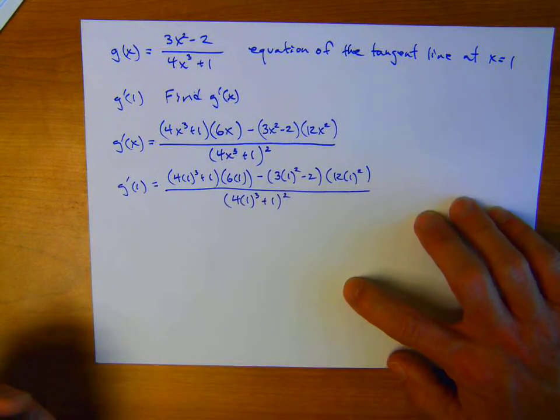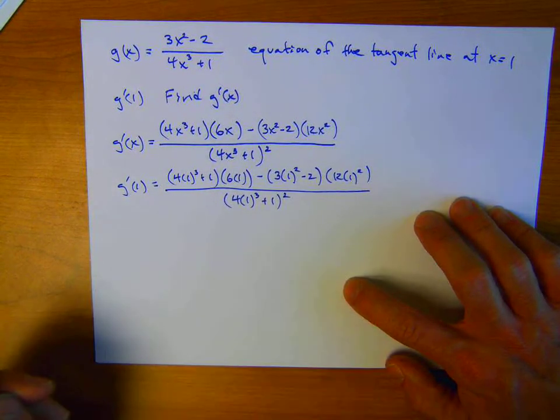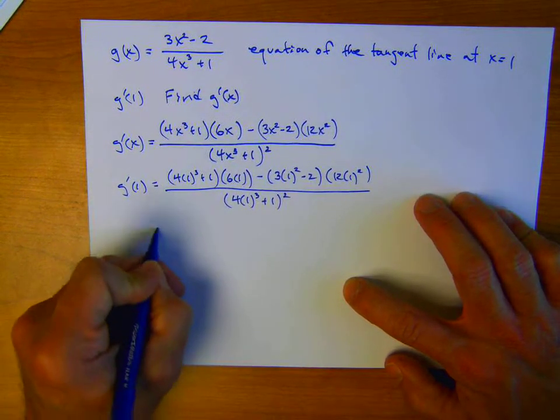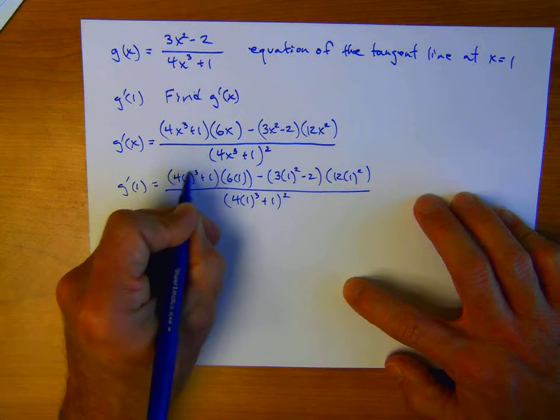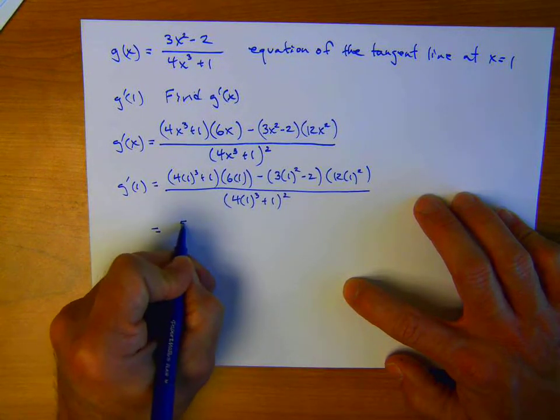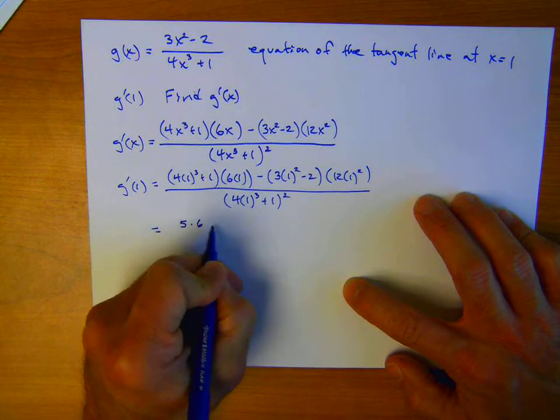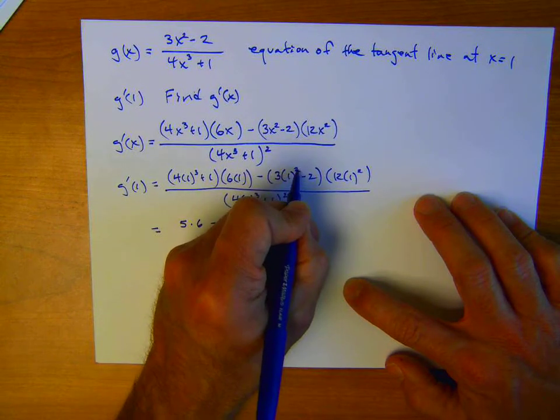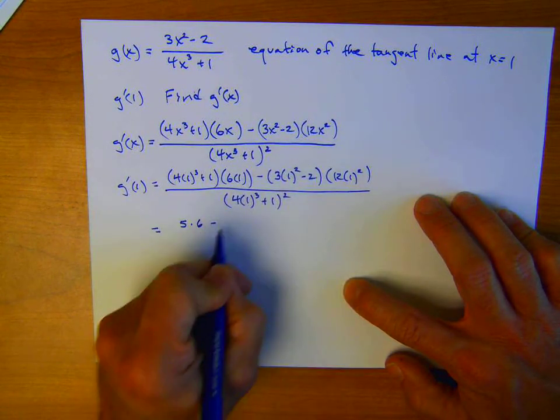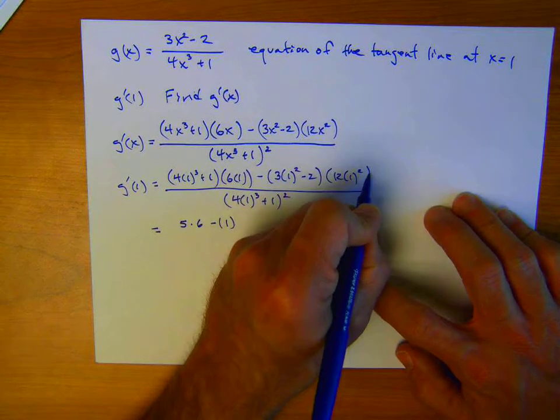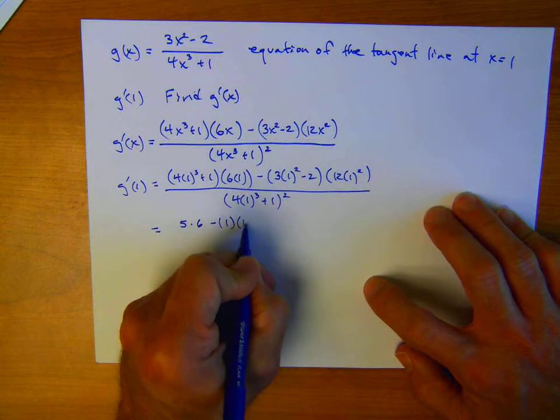So now we just have a little bit of arithmetic to do. Given that we're using the value 1, it's not so bad. So this is 4 times 1 cubed, that's just going to be 4 plus 1 is 5 times 6 minus, and so here I have 1 squared is 1 times 3 is 3 minus 2 is 1, and then that of course is just going to be 12.